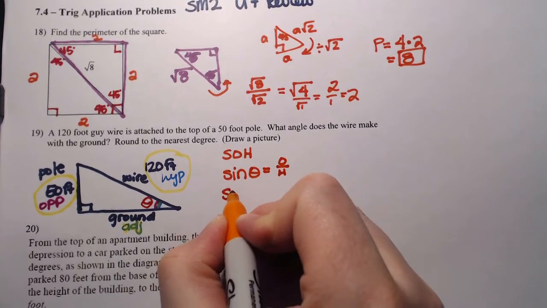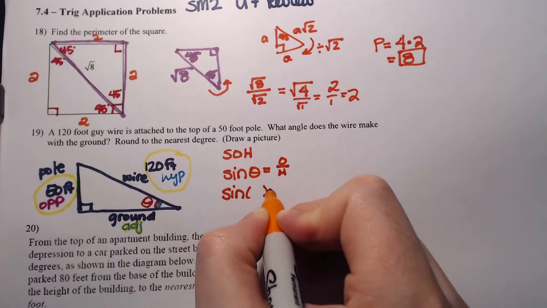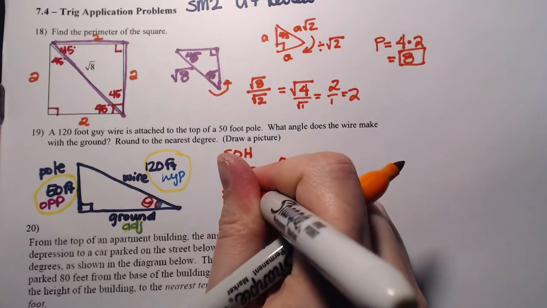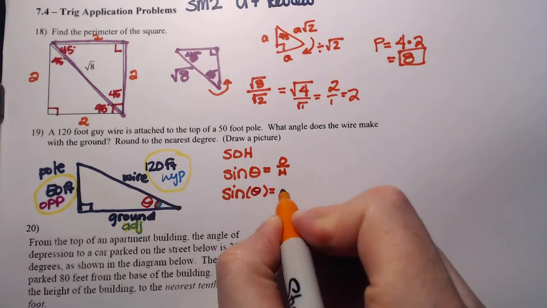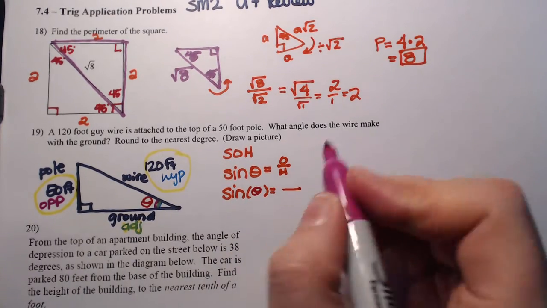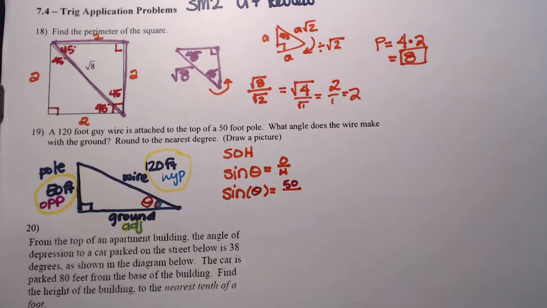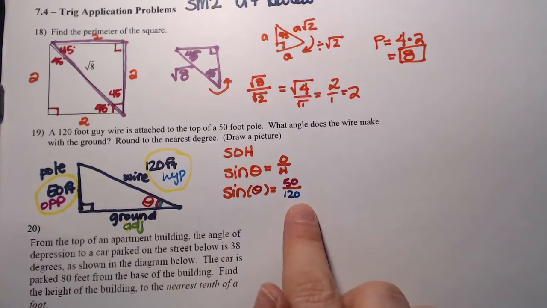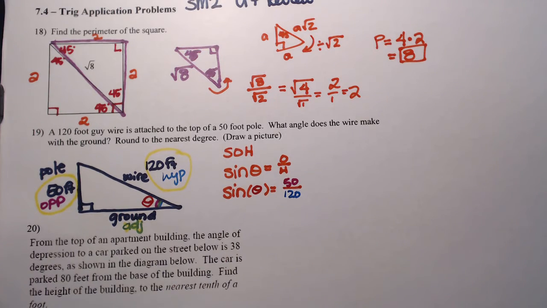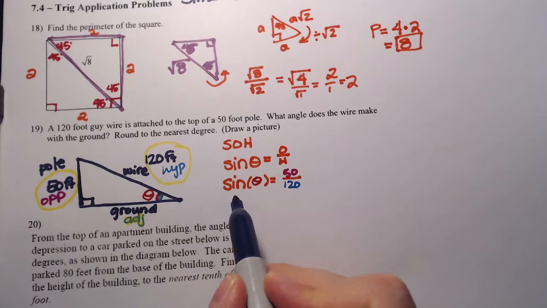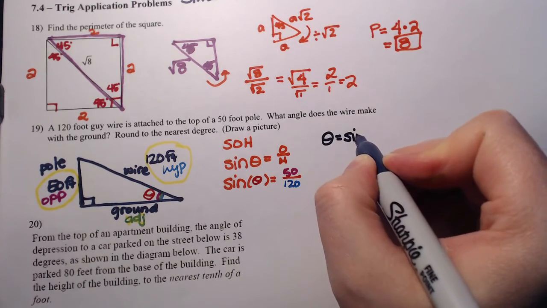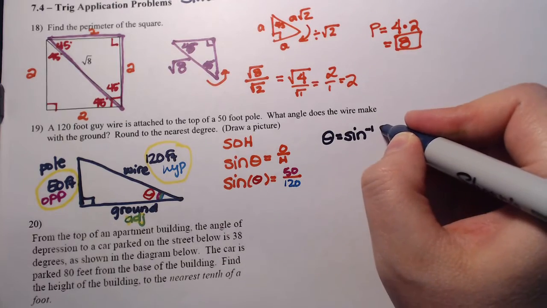In this case, I'm actually finding that angle. So sine of my angle is equal to, the opposite side is 50, and the hypotenuse is 120. I could simplify this, but since I'm going to be typing this into the calculator anyways, I'm not going to bother. So to find the angle, remember we have to do inverse, because we're going backwards.